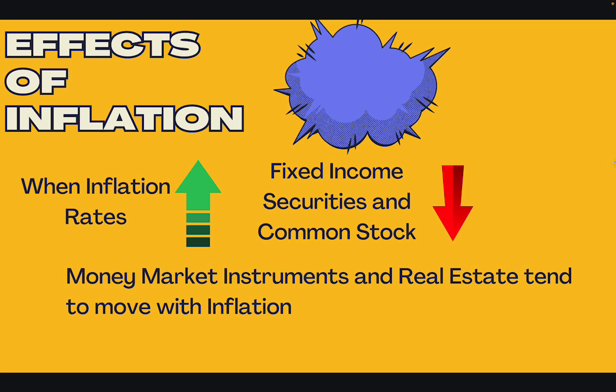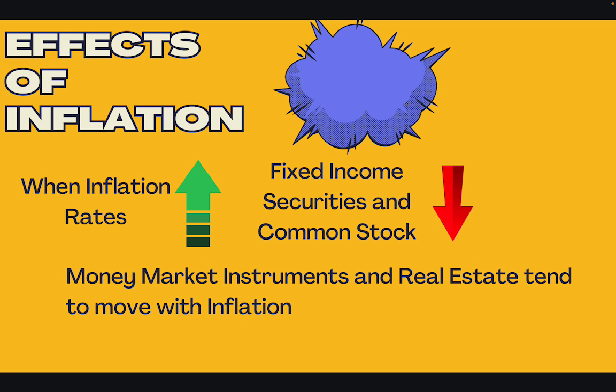Effects of inflation. Okay, when inflation rates go up, there are two main things that go down: fixed income securities and common stock. Inflation goes up, fixed income securities and common stock go down. So what? Well, during periods of inflation, you're not going to want to buy fixed income securities or common stock.